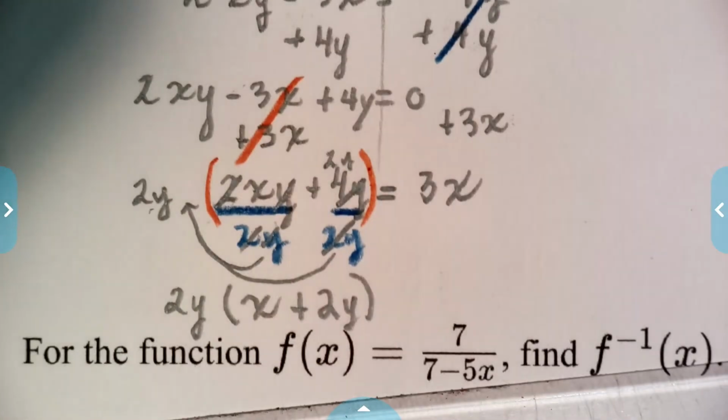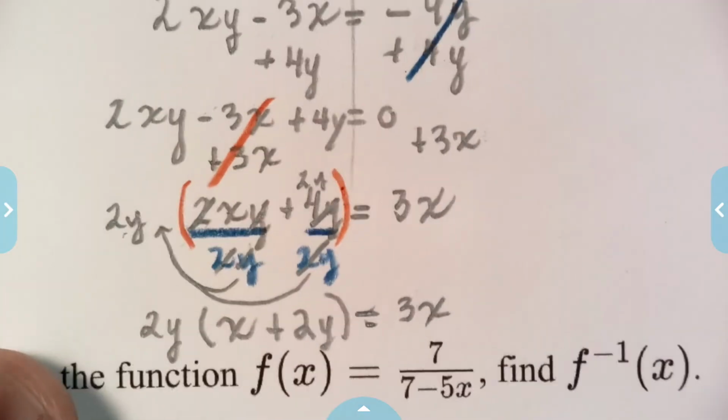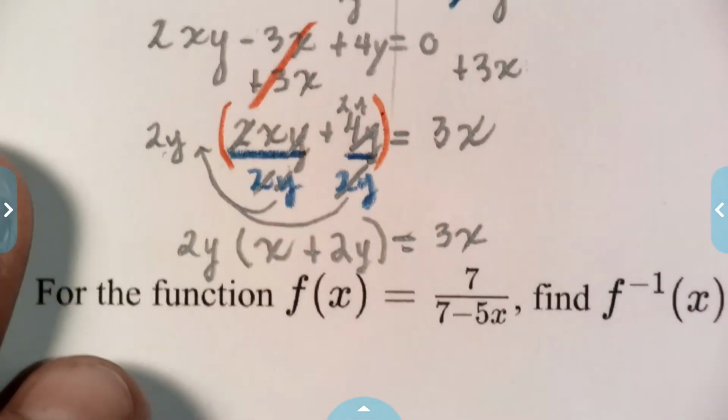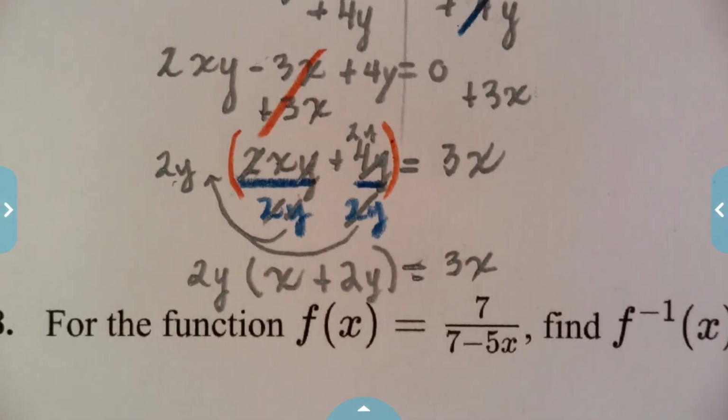All right, and then on the right side, I have equals 3x. And we're out of room, so I'm going to have to use this white space here. Okay, so let me set that up.